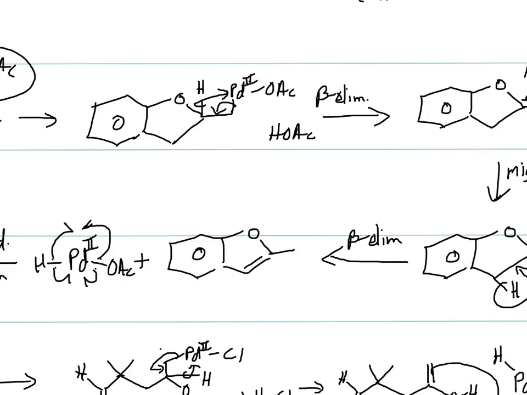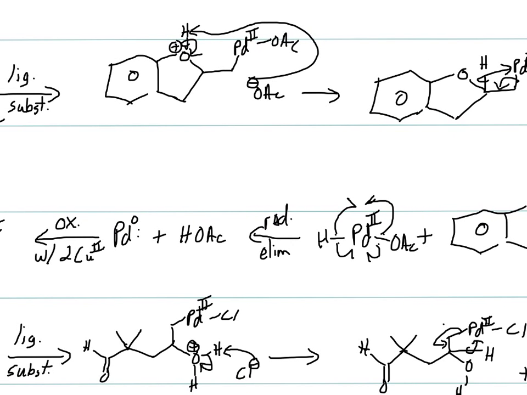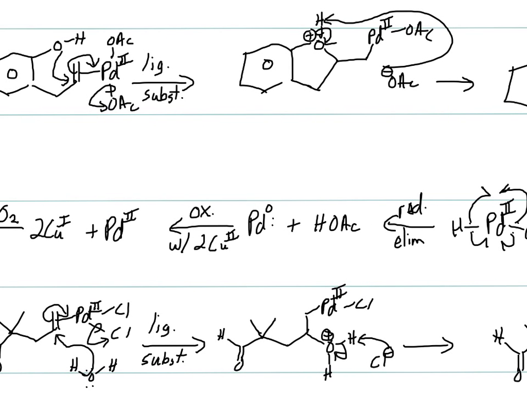That's really stable. So now we have palladium 2, which is going to undergo reductive elimination. But that's a problem because we started out with palladium 2, not palladium 0. Palladium 0 is not electrophilic enough to activate a pi bond, maybe. Palladium 2 is much more delta plus. It's already 2 plus. So then we have a co-catalyst. We have 2 copper 2s, which are willing to take some of these electrons from palladium.